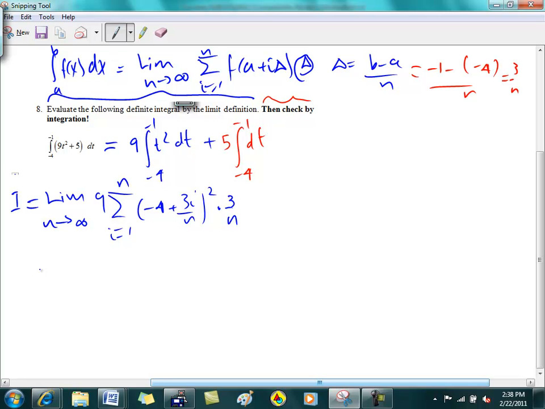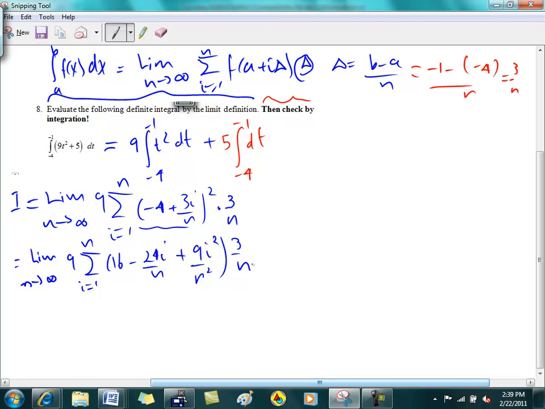So if you fold this stuff out, this becomes limit n goes to infinity of 9 times, and if I fold this out, this becomes 16 minus 24i over n plus 9i squared over n squared, times 3 over n.